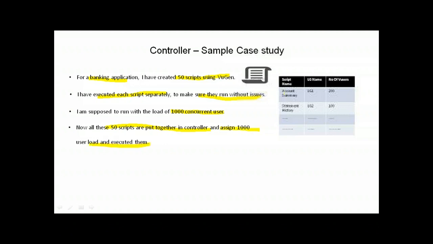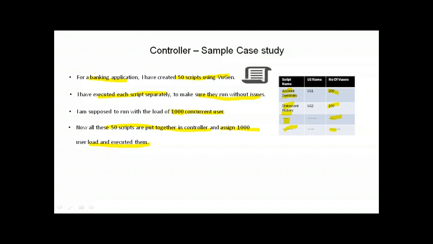Let's say account summary: you break down this 1000 users for whatever is required. Let's say 200 is for account summary. Statement history, 100 users. Balance transfer, let's say 50 users, and something else for 100 users.